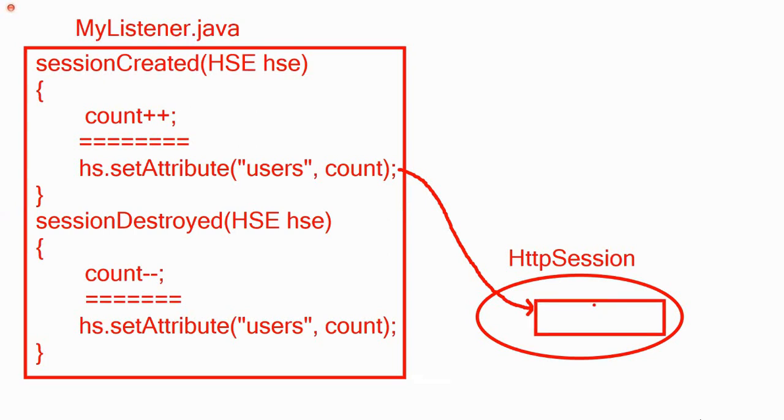Now here users count is also updated. So from this too, when a user logs in, count plus plus, the value changes. When a user logs out, count minus minus, the value changes.